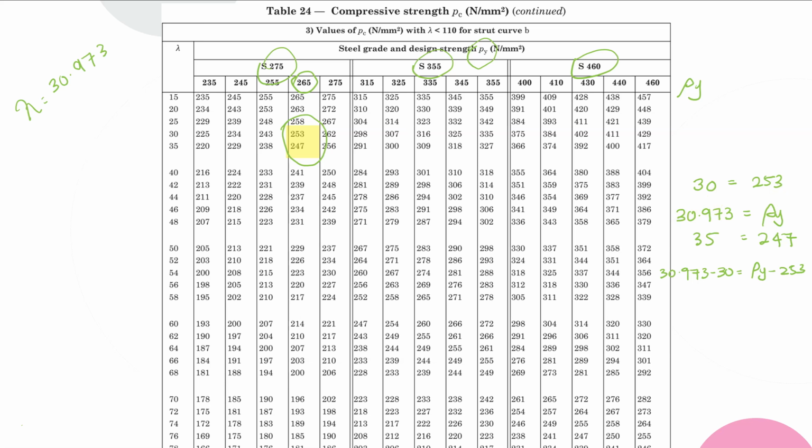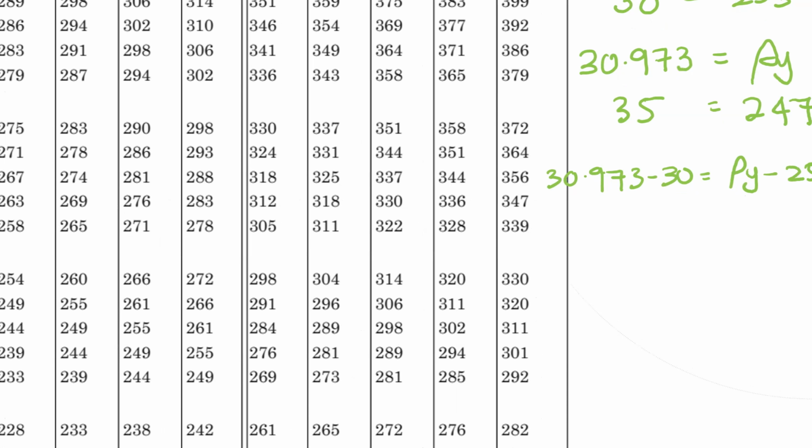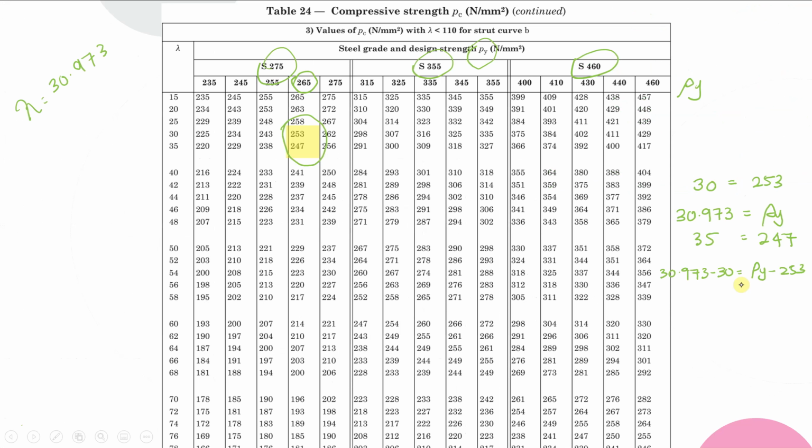And then we can also do 35 minus 30 sama juga dengan 247 minus 253. Okay, so sekarang apa yang kita cuba buat, sebab ni this one dia macam ada 3 benda and one unknown.